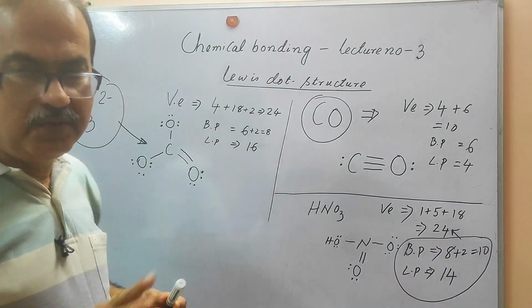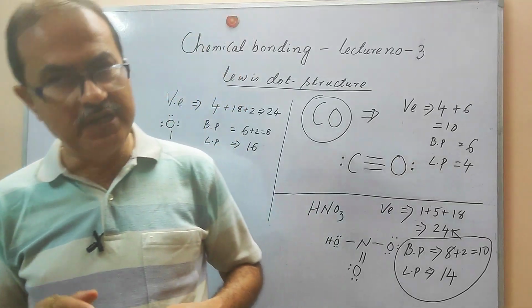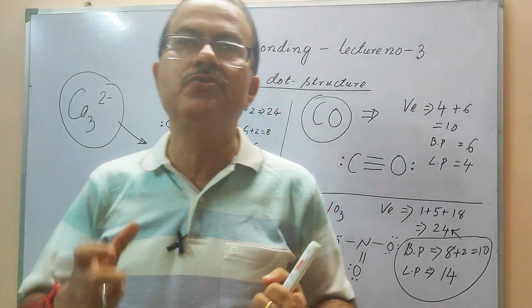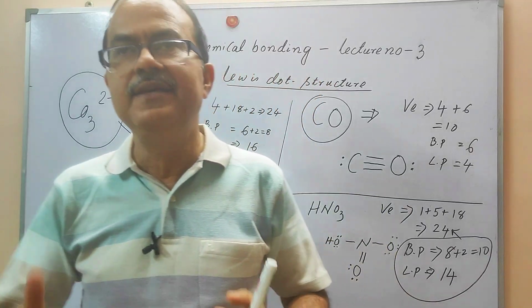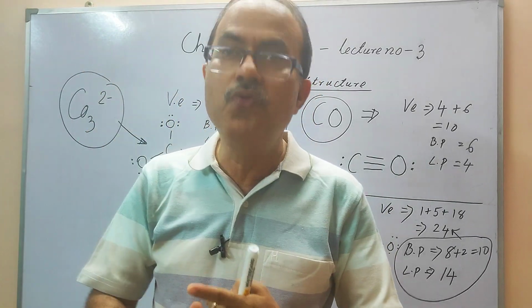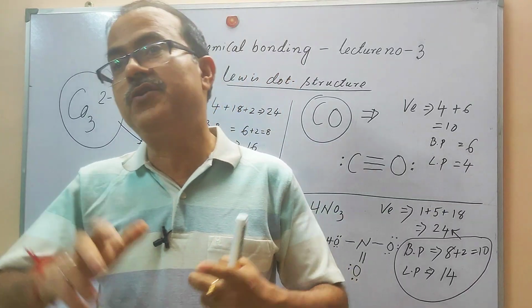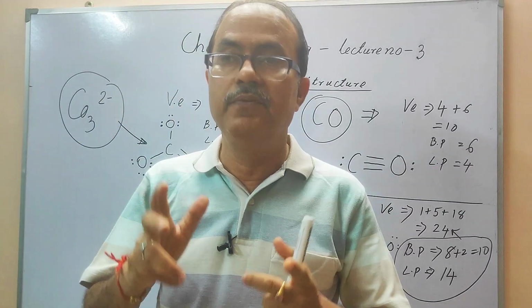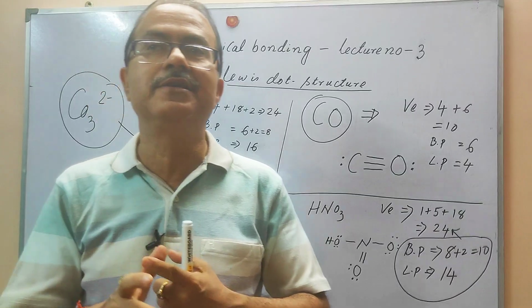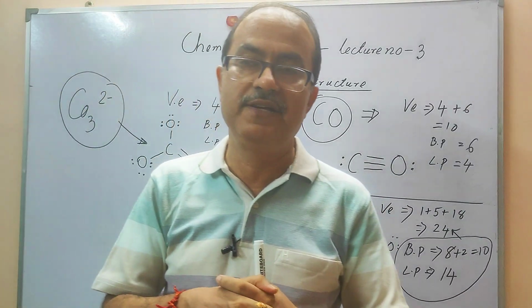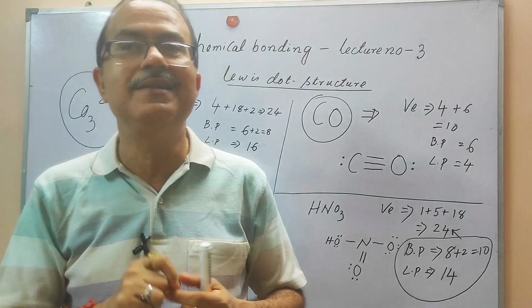So I think it is very clear to you how we can construct the Lewis dot structure. This can be easily done. First we have to know the valence shell electrons of the atoms for which we are going to construct the Lewis structure.